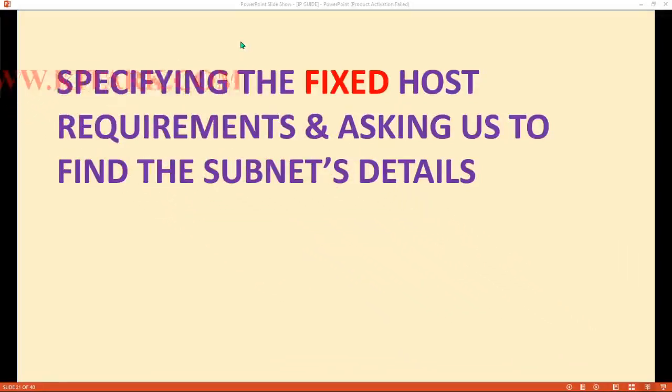For example, if your first subnet has 64 hosts, the second and third subnets will still have 64 hosts only. So they will tell you they require around 60 hosts in a subnet. Then you have to calculate the amount and find the subnets.